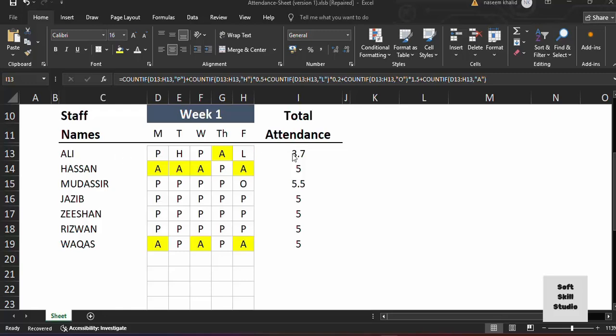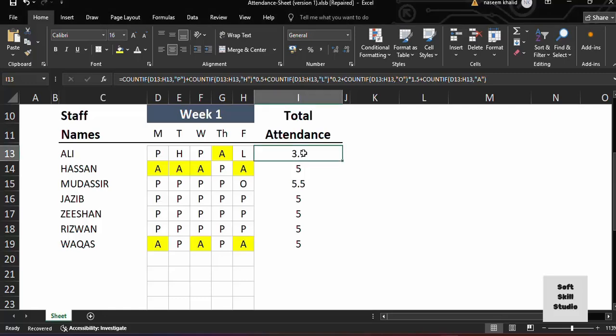How do I calculate this? For this I can use the COUNTIF formula.